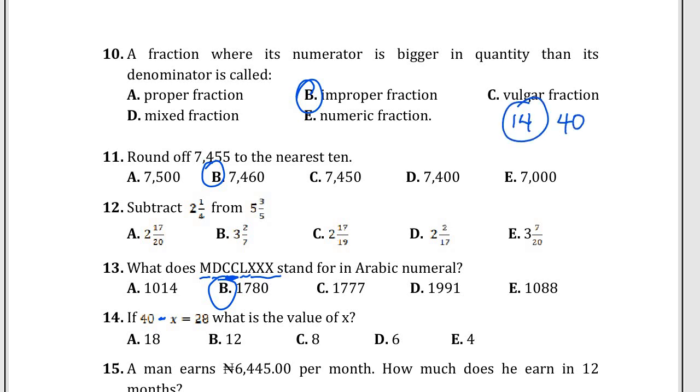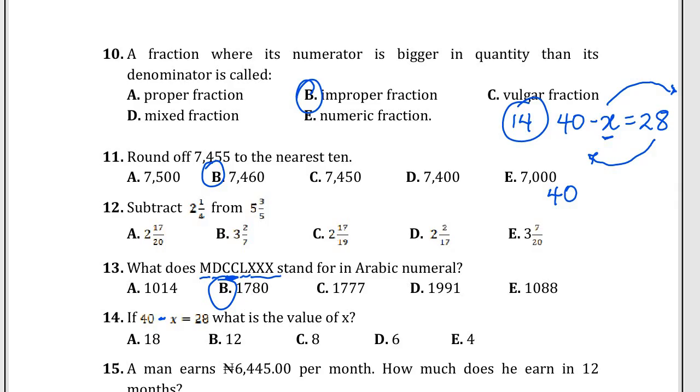40 minus X equal to 28. All we need to do, we need to make the variable X a positive value. It's carrying a negative sign, so you collect like terms, move it to the right hand side, move 28 to the left hand side. So 40 is at the left hand side. 28 is a positive value.